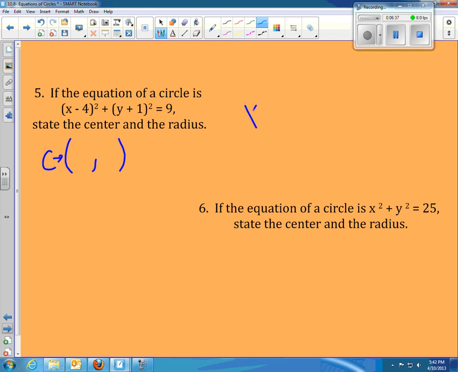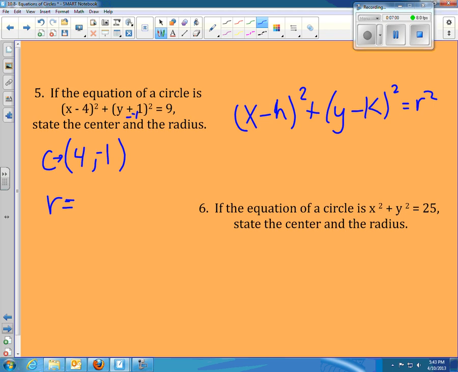Because remember, it's (x - h)² + (y - k)² = r². So for my x terms, I'm going to have positive 4, and minus a negative is what's going to give me positive there. So this is a -1. For my radius, go ahead and take the square root of our end number, and we get a radius of 3.